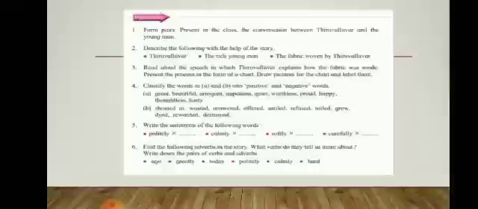And the last one is the fabric woven by Thiruvalluvar. That complete thing you have to write, whatever Thiruvalluvar said, like the fabric wasn't made in a day. Right children, do you remember this? These things are given in the textbook. Just take them from there and frame your sentences and complete. The fabric wasn't made in a day. Many people toiled in order to make it.